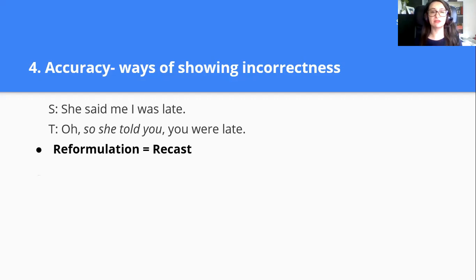The purpose of correction is that our students understand their mistake and correct it so that it doesn't happen again in future. That's why, whichever technique you decide to use, make sure that your students understand that you're actually correcting and that they do the correction themselves. If they ignore you, try another technique that might work.